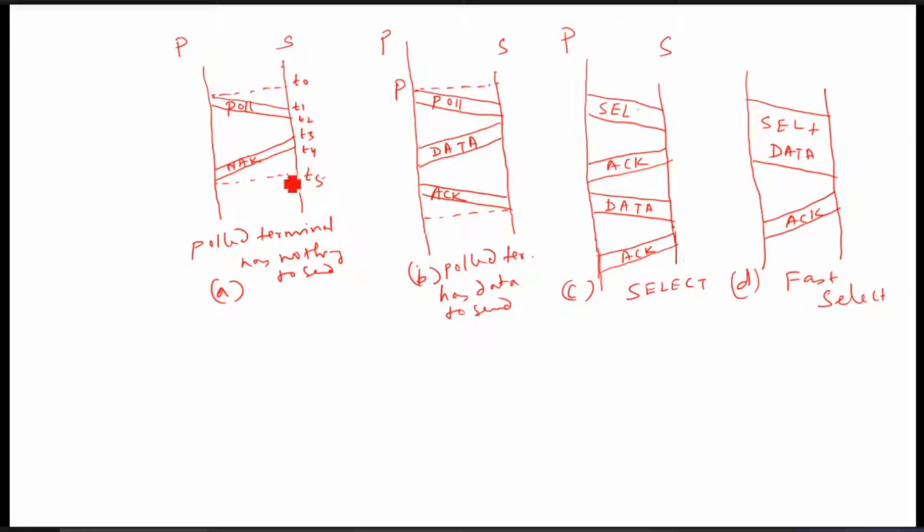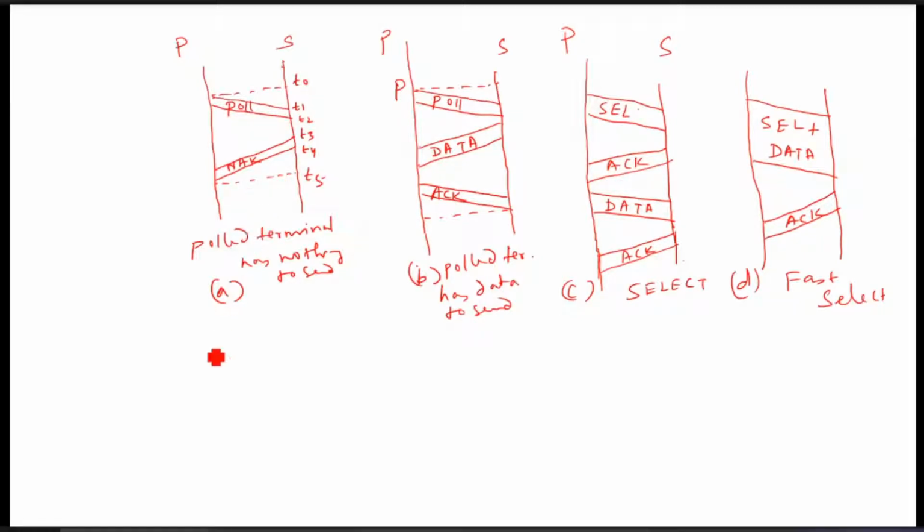In this case, you see first T0, T1, these are the most important things. The polled terminal has nothing to send. In that case, what is the total time taken? Timing for this phase: the process starts at T0.